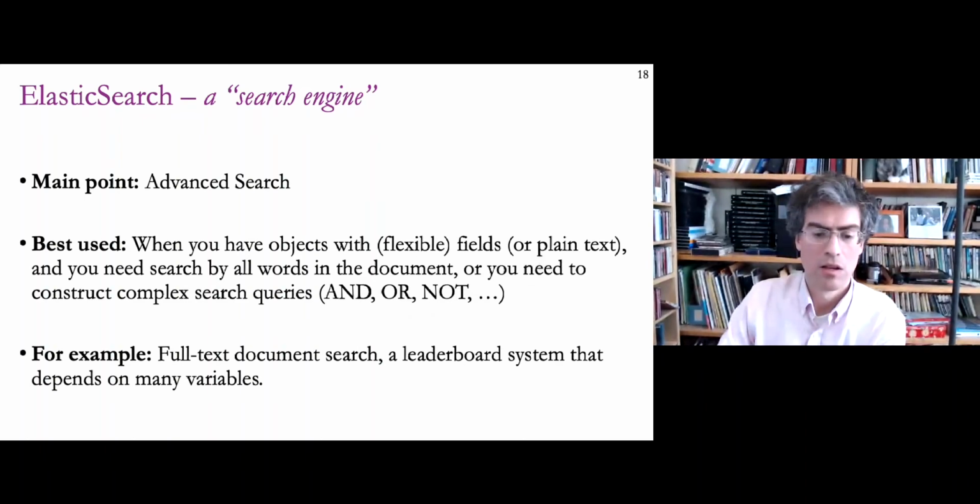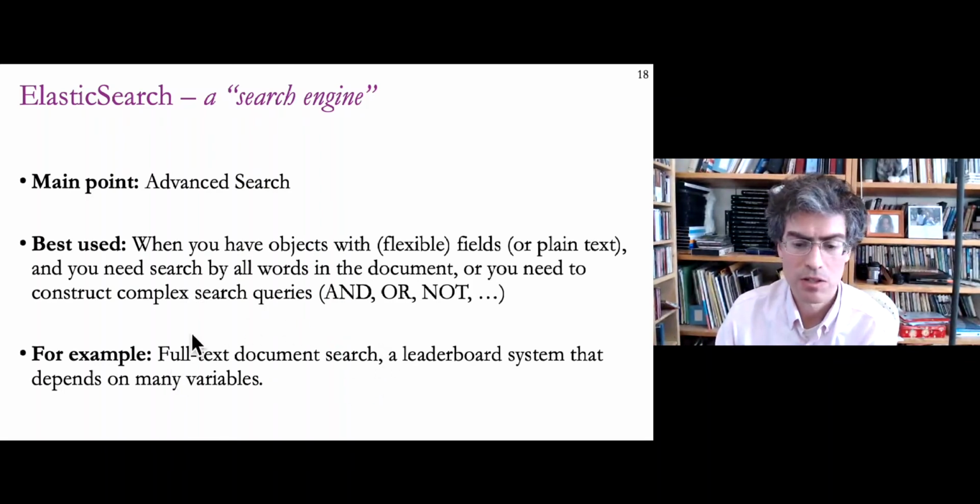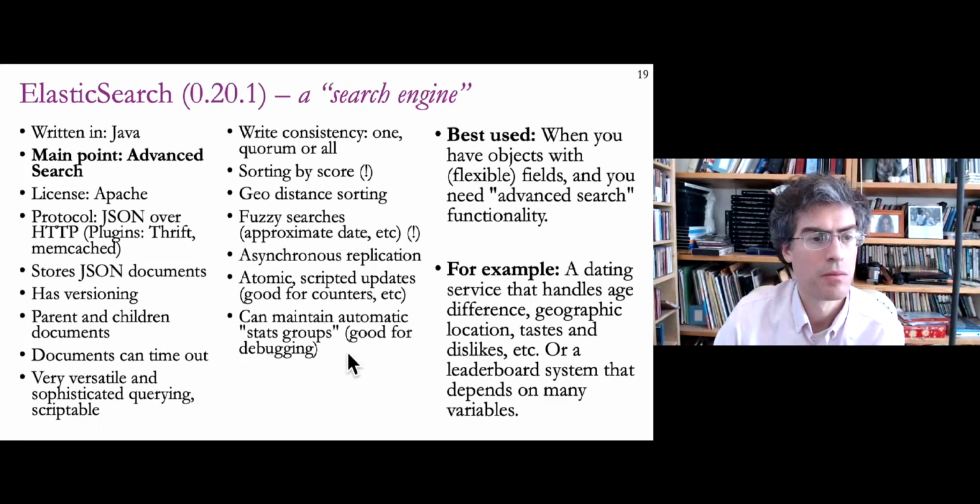Okay, so you'd use this when you need to do full document search, and you can make other applications fit this. In cases where you need to search on a lot of different variables or terms, you can make this work.